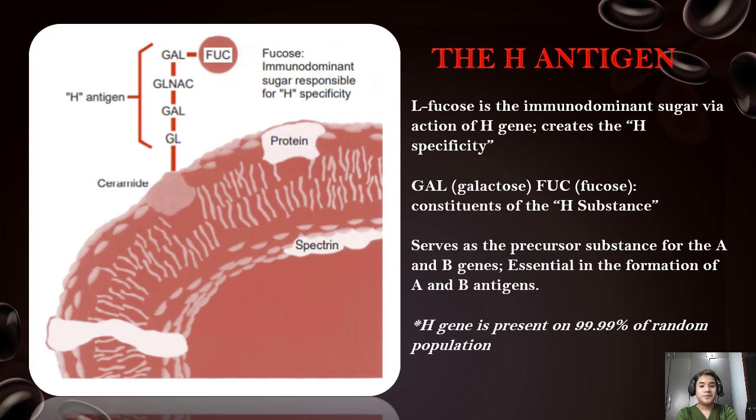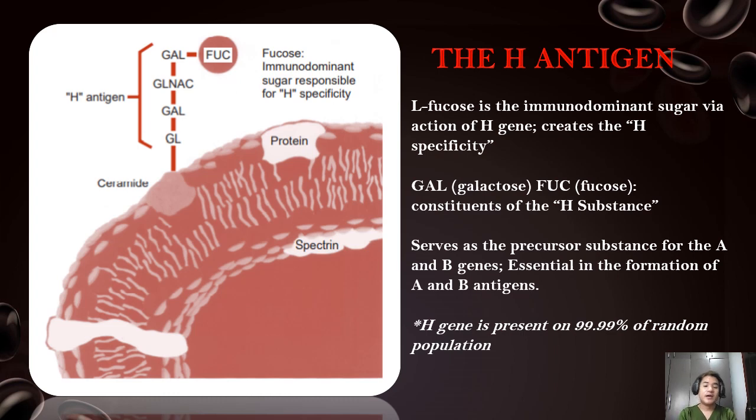So now, here is a very special role of this H antigen. The H substance from your H antigen actually serves as the precursor substance for the formation of your A and B antigens. So, meaning to say, an individual must have the H antigen, or must inherit the H gene, in order to produce your A and B antigens.